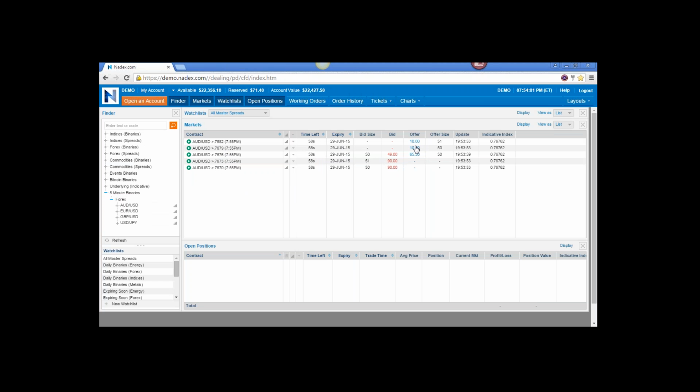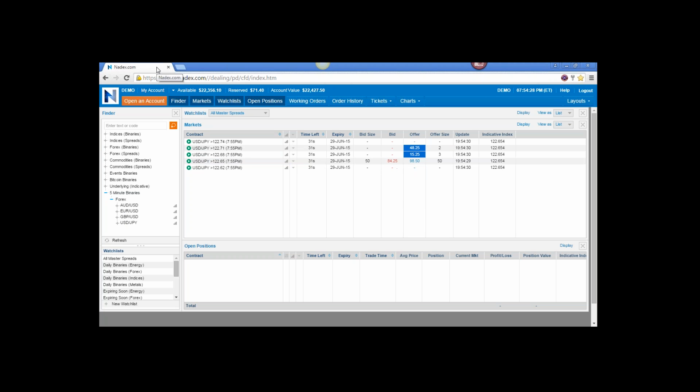Look at this one right here. This 76.79, I can buy it for $10.25, right? Look at this one that's 3 ticks difference. $67. See that? Let's hop on over to the dollar yen real quick. One's $10, one's $70 by just 3 ticks difference. 3 ticks is nothing, okay?